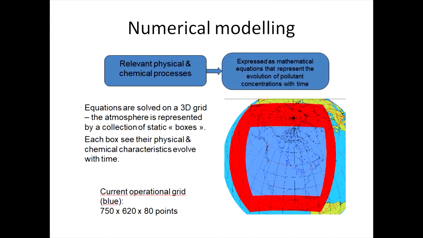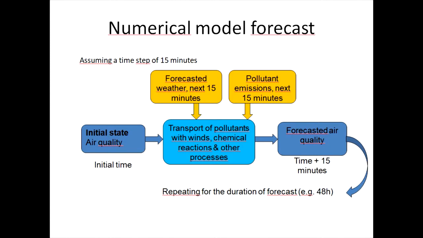So next slide. I'm just trying to illustrate the process that we use to resolve the evolution of the pollutants in the atmosphere. So we start with a description of the initial state of the atmosphere with concentrations of pollutants. For that, we have to use whatever observations are available, and then we add pollutant emissions in yellow at the top.